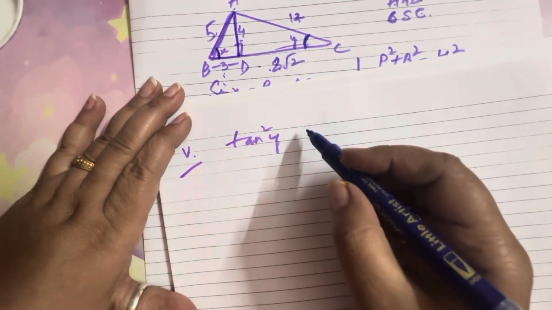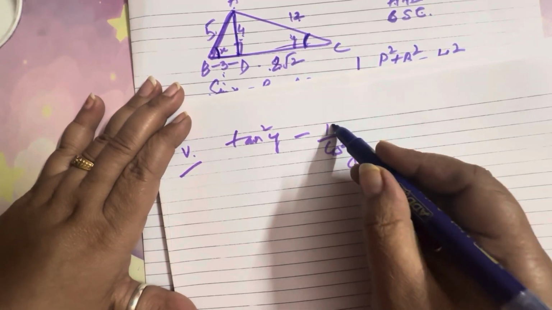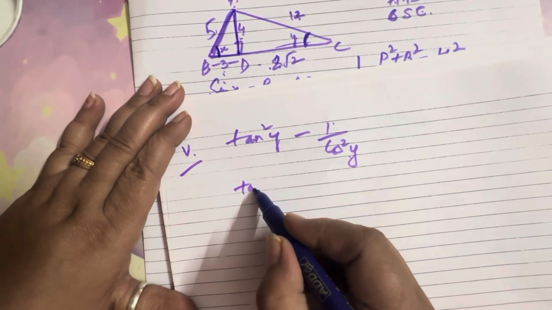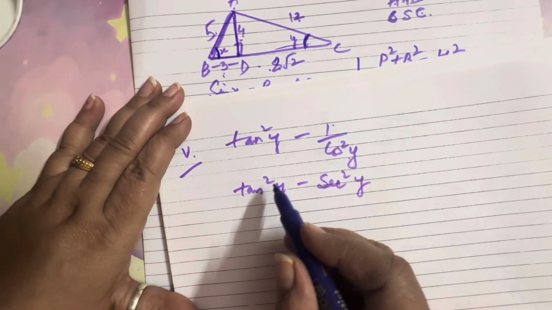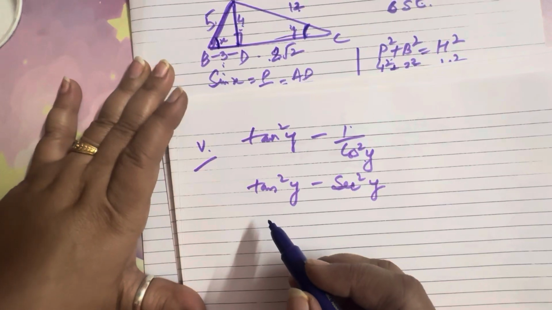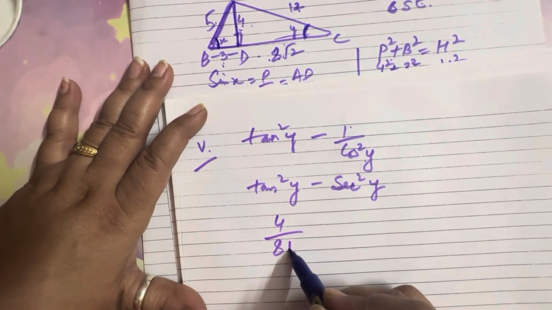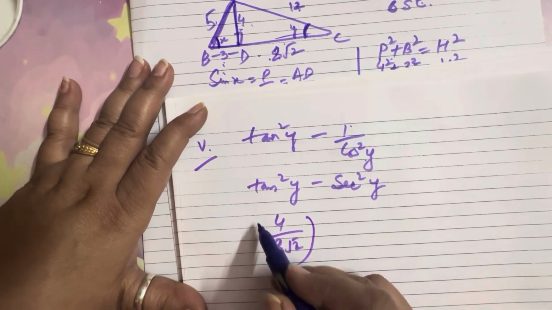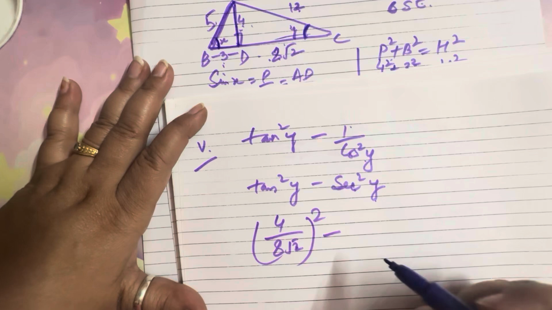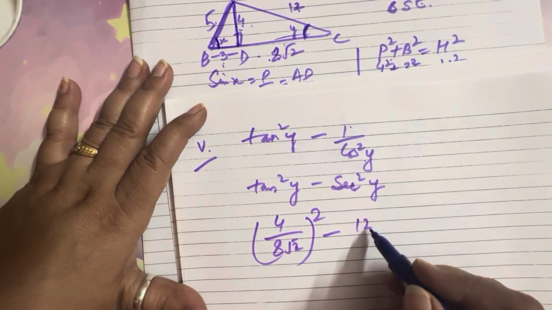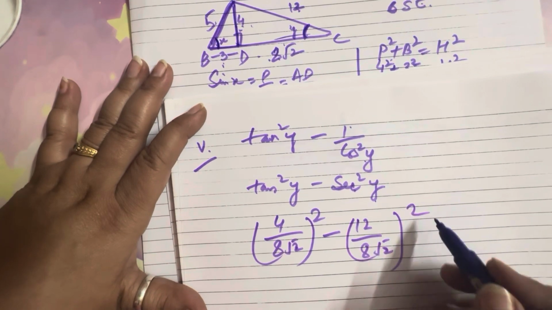The fifth part is -1 by cos square y. 1 by cos is sec, so we can write sec square y. Tan square y is perpendicular by base, that is 4 by 8 under root 2 whole square. And sec square y is hypotenuse by base, hypotenuse is 12 and base is 8 under root 2, whole square.